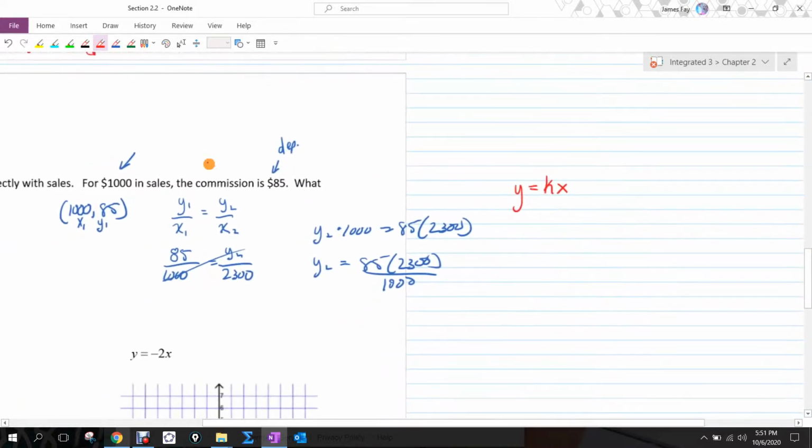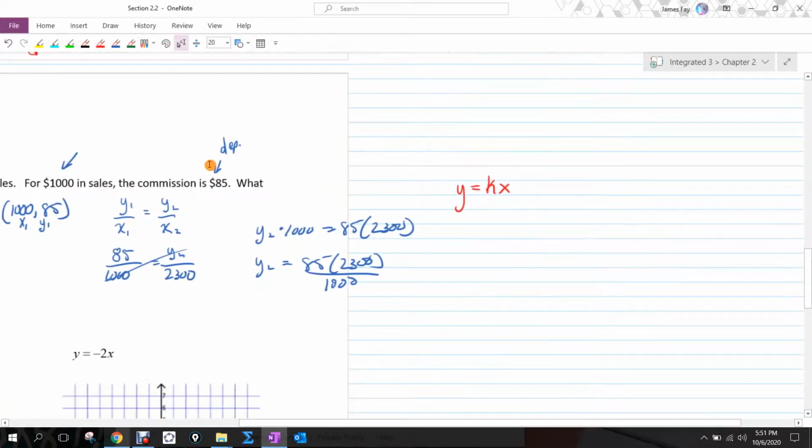So when they say that we make $85, so Y is the dependent variable, for $1,000 in sales, we can solve for K now, and K we would write as 85 over 1,000.